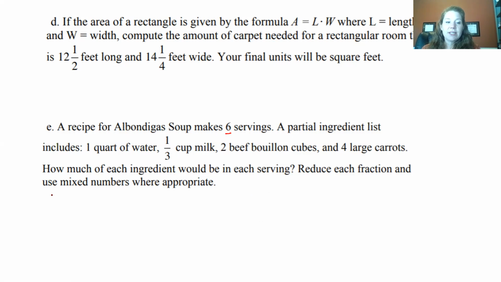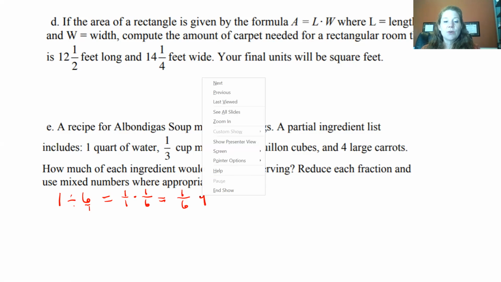What would we do? We're going to divide. So we have 1 cup of water divided by 6 servings. We keep it, change it, flip 6 over 1 to 1 over 6. So we would use 1/6 of a cup of water, or a quart. It says a quart. I said cup, but it's a quart.